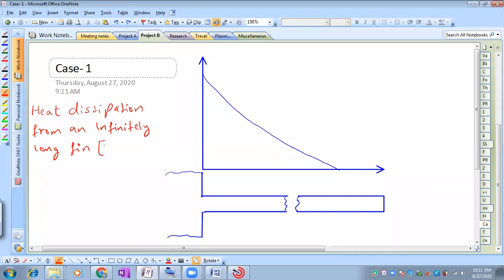I can consider the length of the fin tending to infinity in this case. Now I consider this is the fin part. This is the fin which is of infinite length.